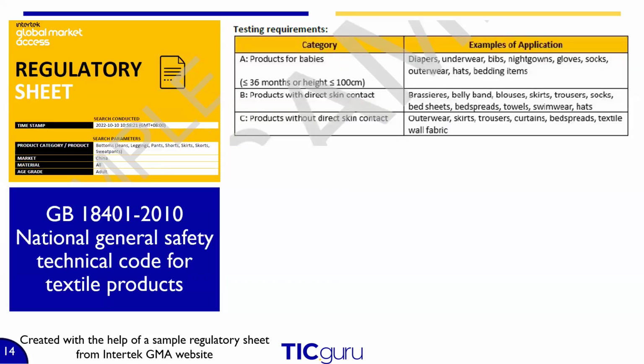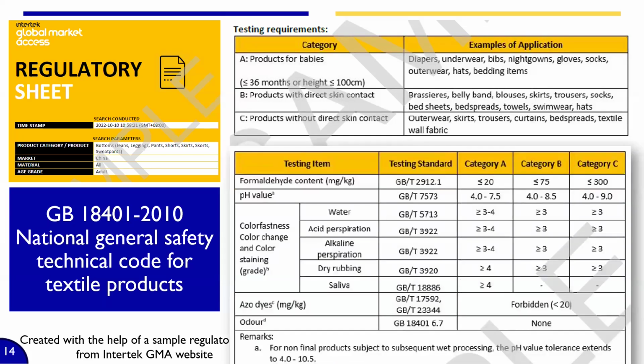Let's look at some of these standards. The GB 18401 is a national general safety standard for textile products. It defines the type of products that are covered under it, details various other test methods to measure specific parameters like formaldehyde content, what are the limits for various types.